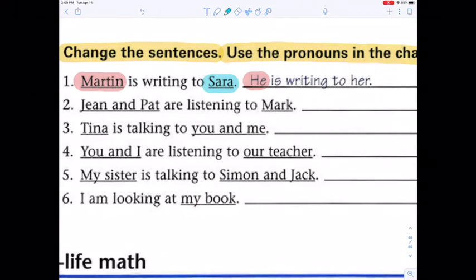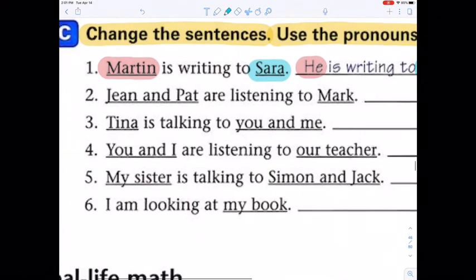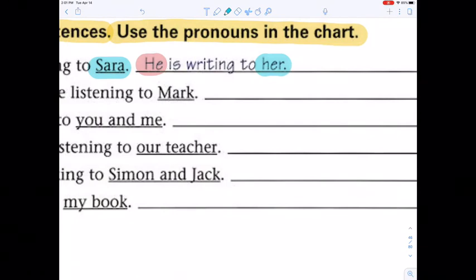For a woman's name like Sarah, and it's an object pronoun, remember? We can't say she, we've got to say her. He is writing to her. So please take your time now, pause or stop this video, and write down all these sentences in your notebook. Then please change them to use subject and object pronouns.